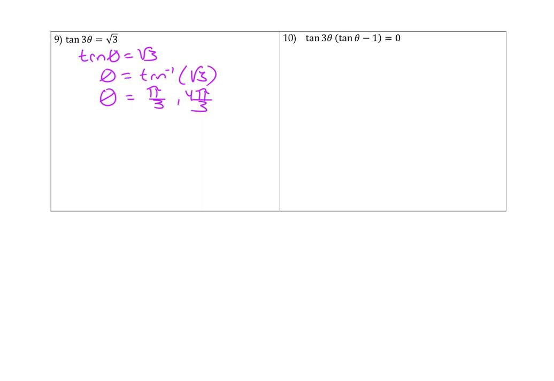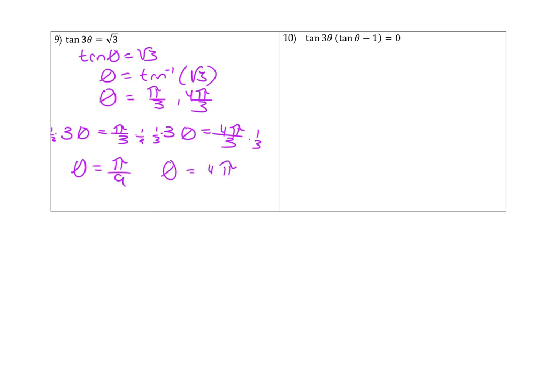So now I come back and I do 3 theta is equal to pi over 3, and 3 theta is equal to 4 pi over 3. Multiply by that reciprocal, so theta equals pi over 9, and multiply by the reciprocal, and theta is equal to 4 pi over 9. And there are our solutions.